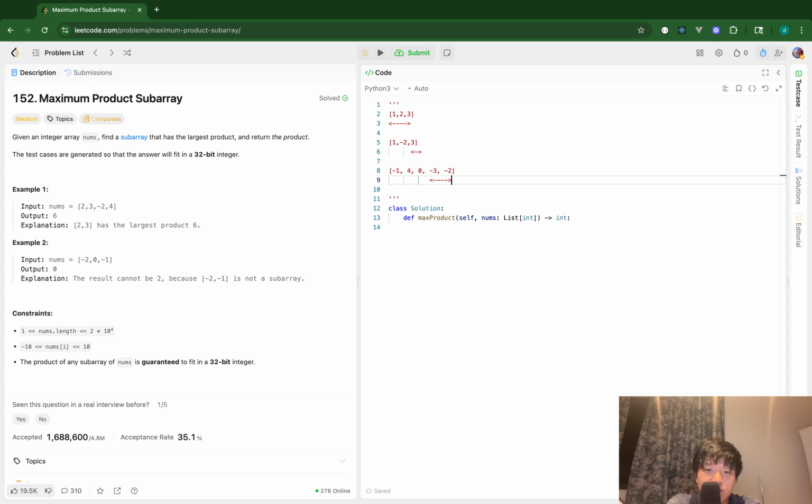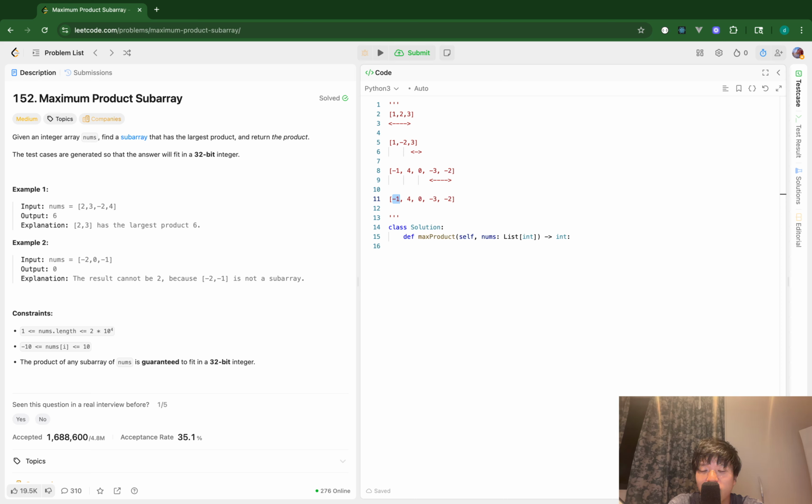So I will think of the algorithm. For the maximum product subarray, I have 2 factors to think about.